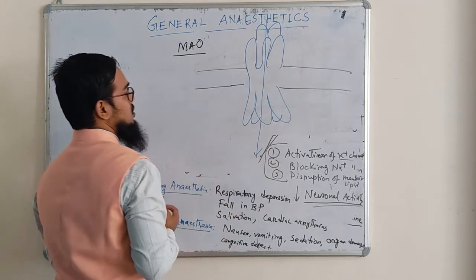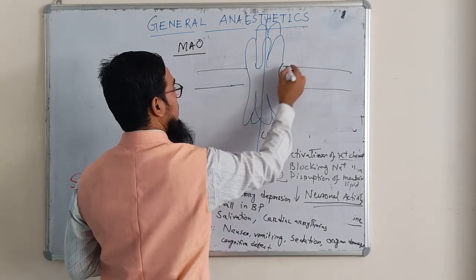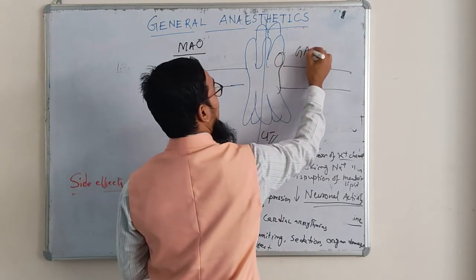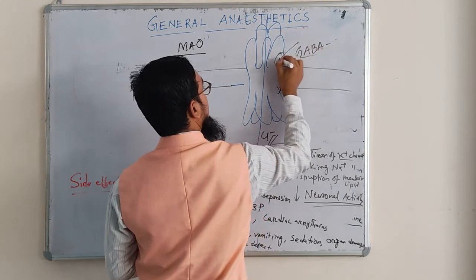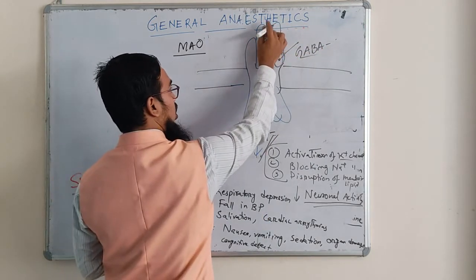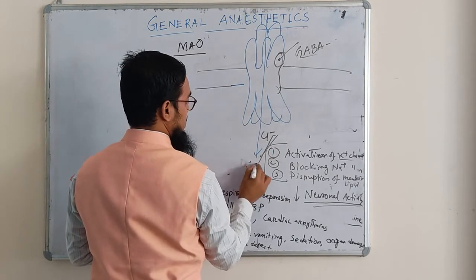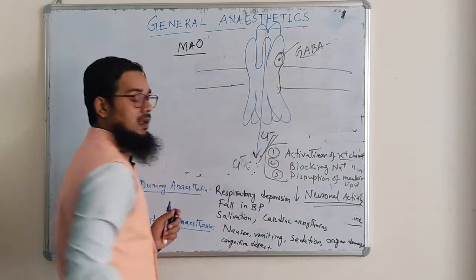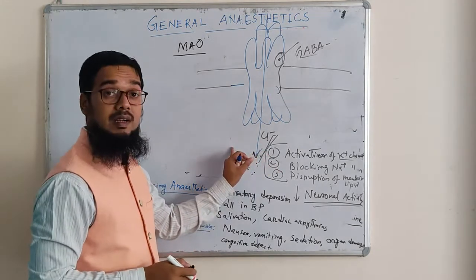That channel normally remains closed. When the neurotransmitter GABA binds, the channel will open and chloride, Cl minus, will enter inside the cell, and the neuronal action potential will decrease and it becomes repolarized.